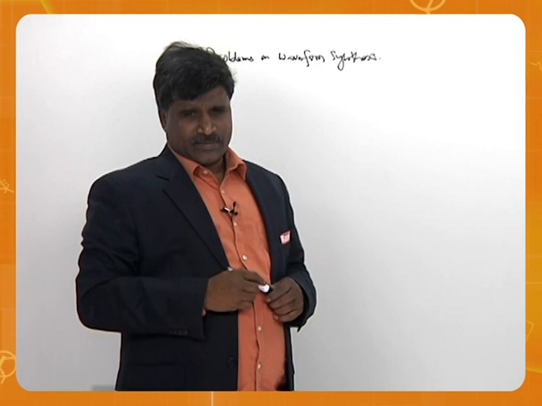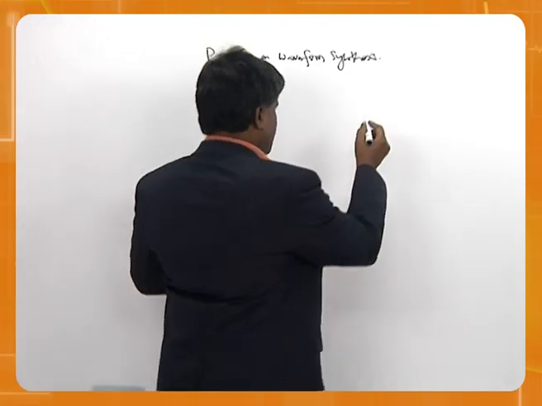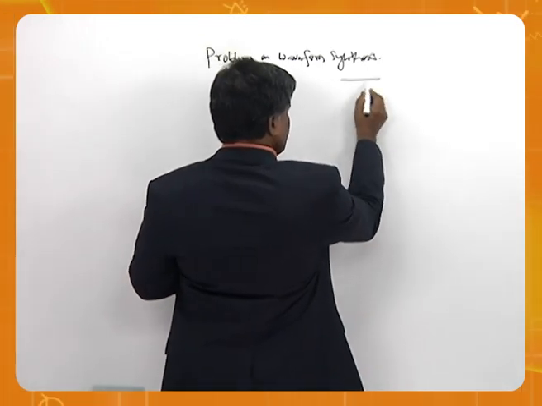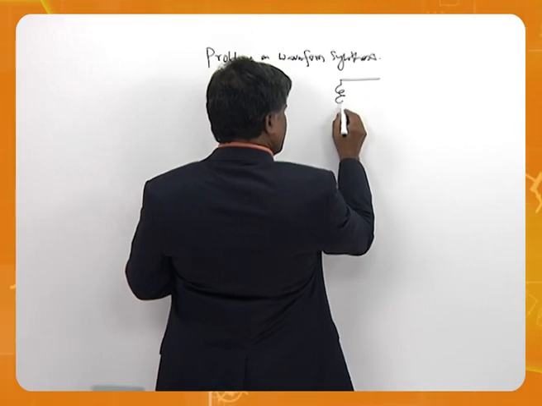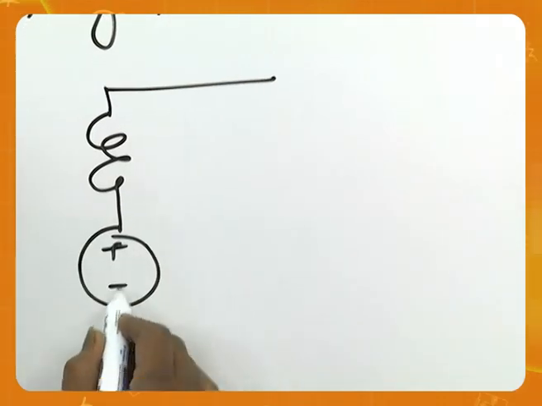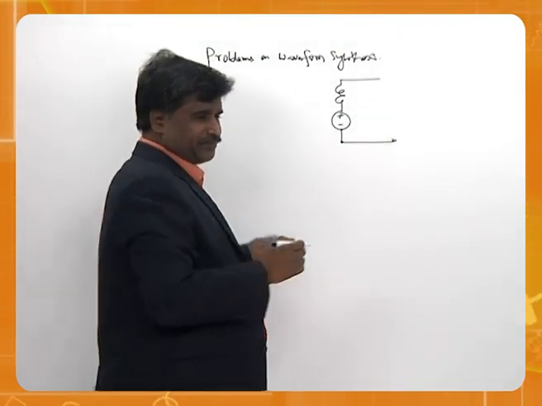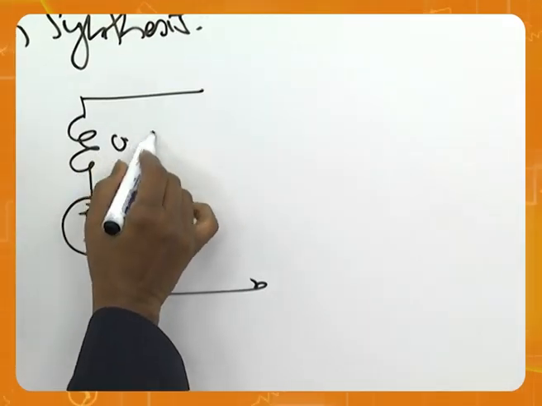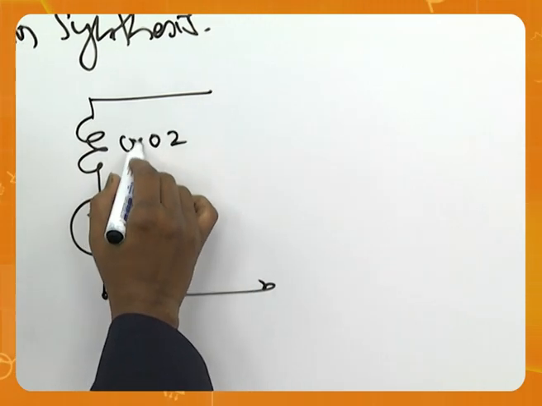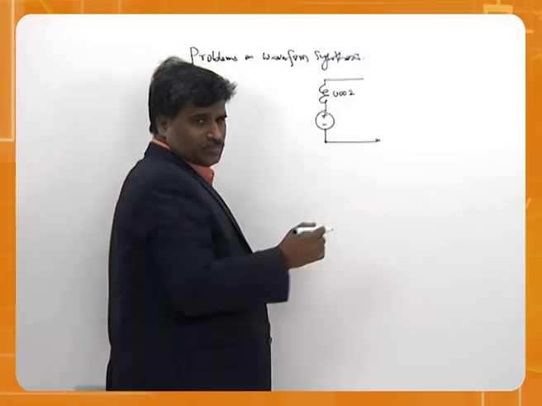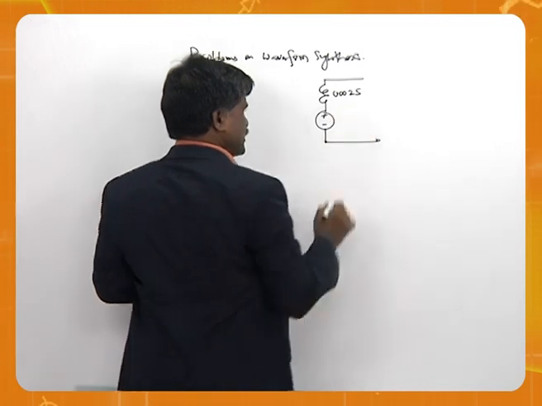So look at the circuit. The circuit is like this. We have an inductor, and we have one value there that is given. This value is given as 0.002 into S, where S is the Laplace transform variable.